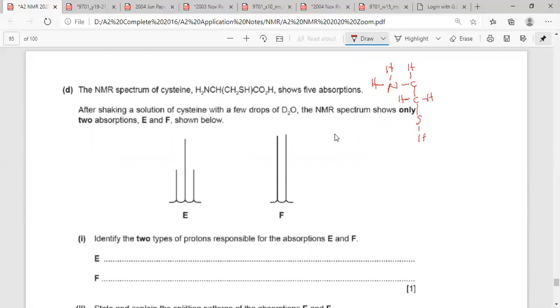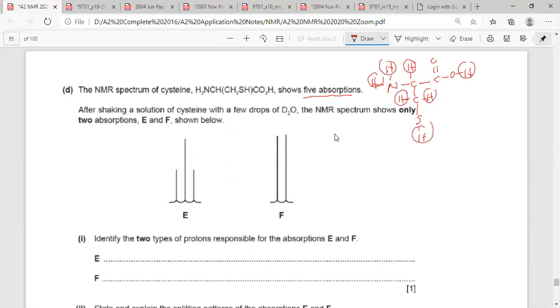Of course, this is C double bond O and OH here. See? The NMR of cysteine shows 5 absorptions. That means 5 types of chemically equivalent hydrogen: 1, 2, 3, 4, and 5.